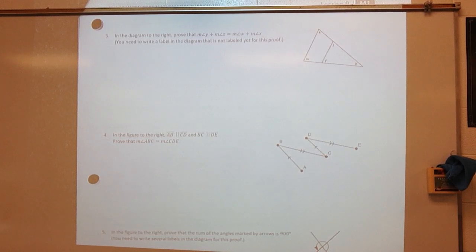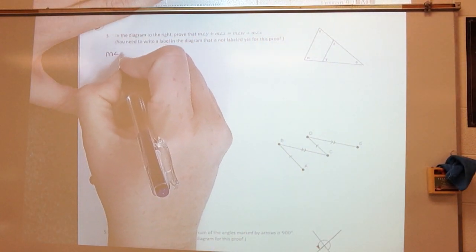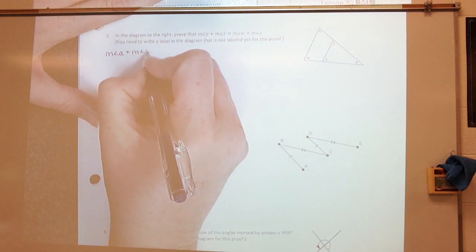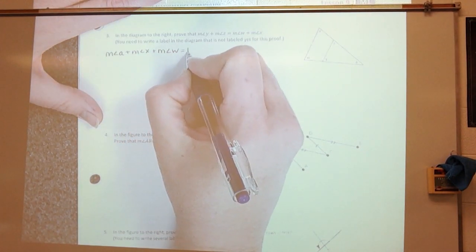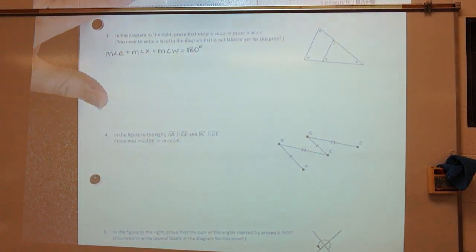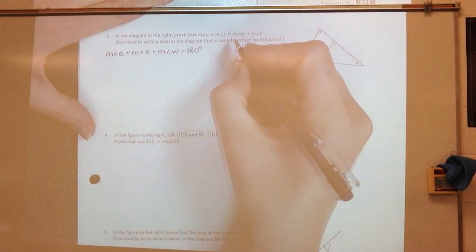The measure of angle A plus the measure of angle X plus the measure of angle W. Well, I know that that equals 180 degrees. That's the big triangle. So the measure of angle A plus the measure of angle X plus the measure of angle W is equal to 180 degrees. The sum of the angles of a triangle is 180 degrees.